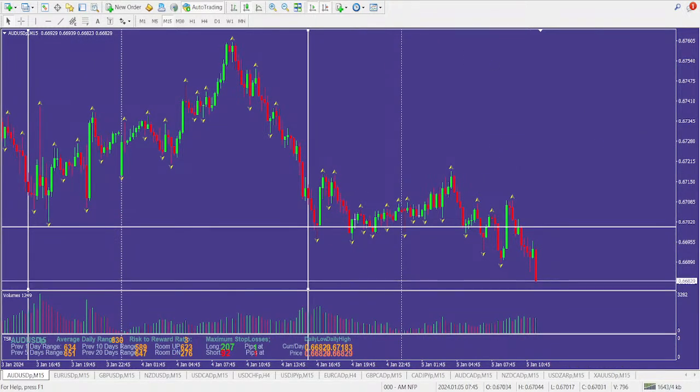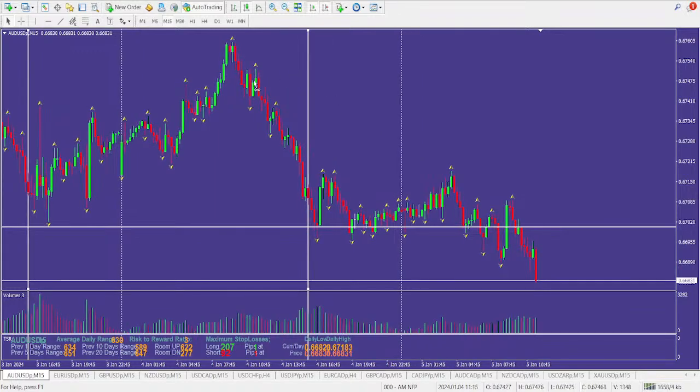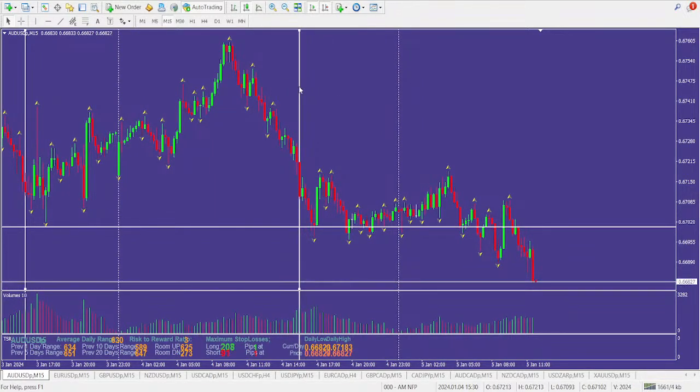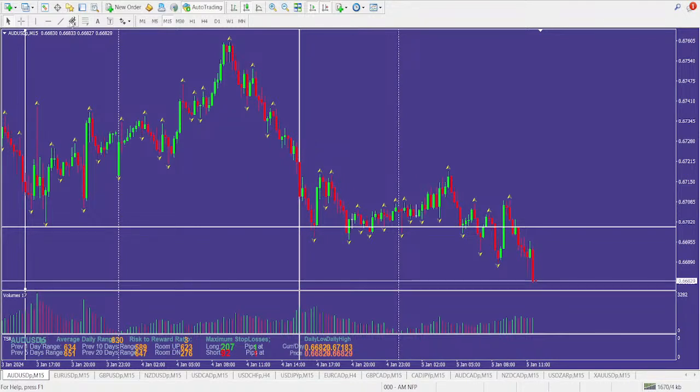Now if we start looking at our supply levels, we've got a potential level over here on the 4th of Jan where price pushed down with high volume. So that is another level of supply there.